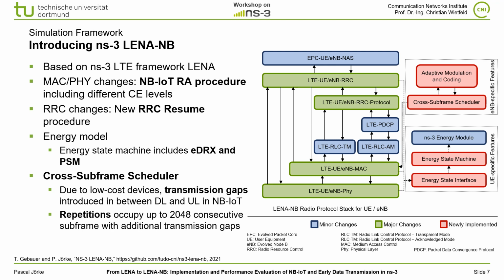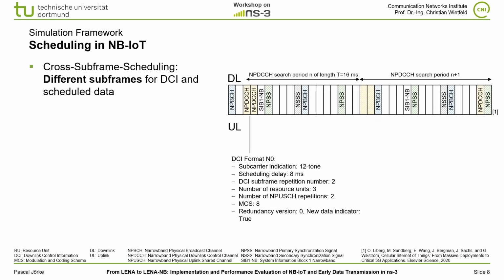Due to time limitations, I can't dive into each detail of our implementation, but I will briefly give an overview on scheduling in NB-IoT. Due to relaxed timings and half-duplex operations, DCI and data are scheduled in different subframes. For processing time, as well as downlink-uplink switches of the transceiver, additional transmission gaps are introduced between downlink and uplink.